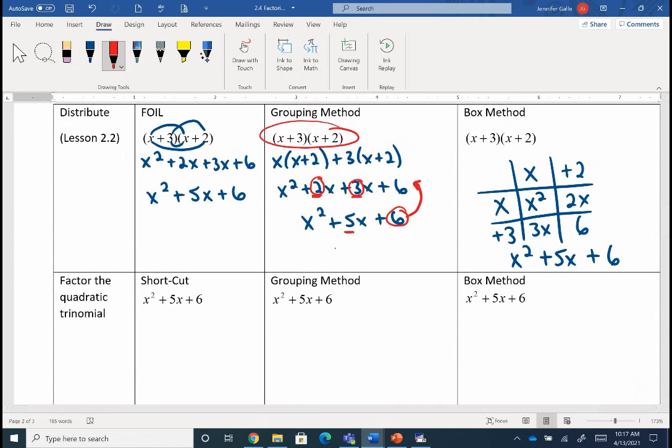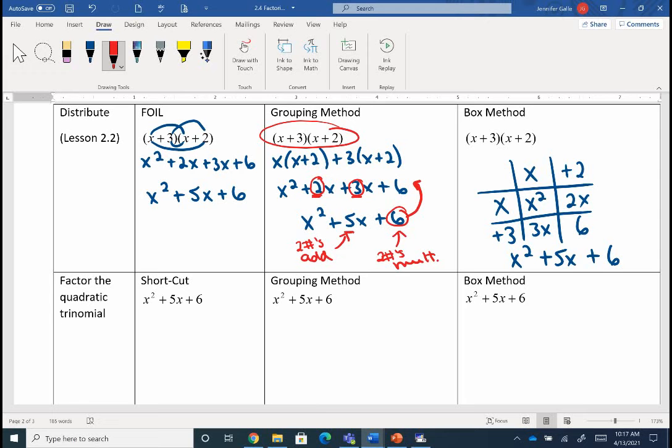We need to find 2 numbers that add to give me the middle. Those same 2 numbers multiply to give me that 3rd term. They have to be the same 2 numbers. That's how we're going to go from 3 terms back to 4 so we can finish our factoring piece.